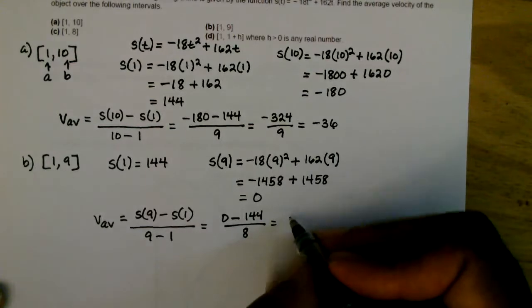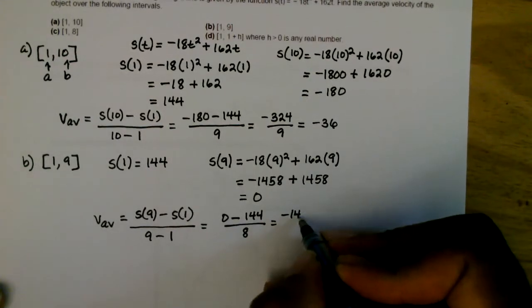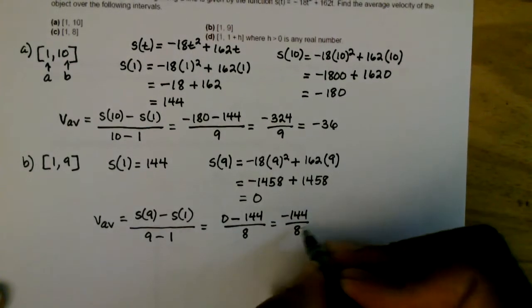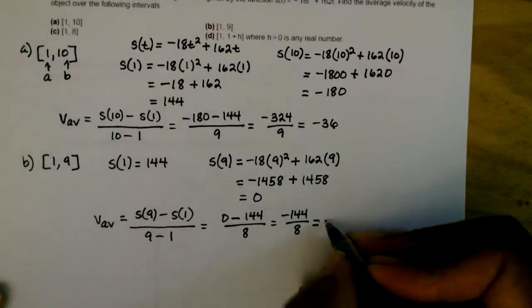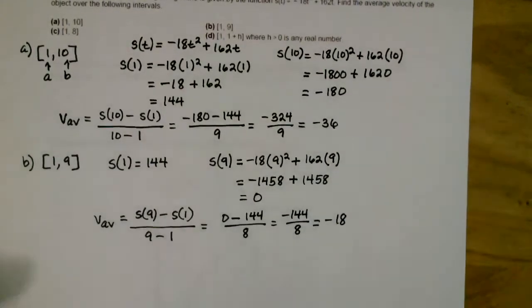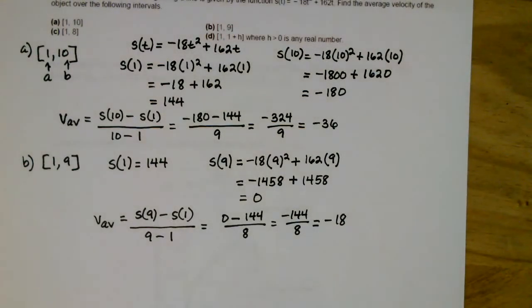And 0 minus 144 will be negative 144. Divide that by 8, and you'll get negative 18. So the average velocity from 1 to 9 for that S of t function would be negative 18.